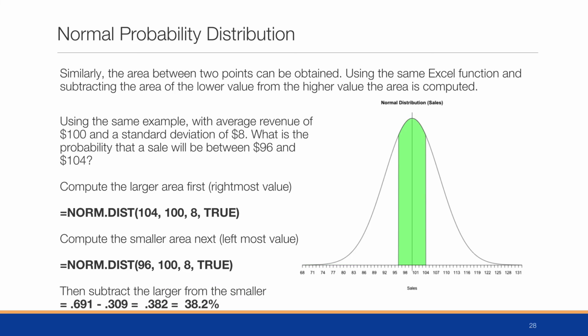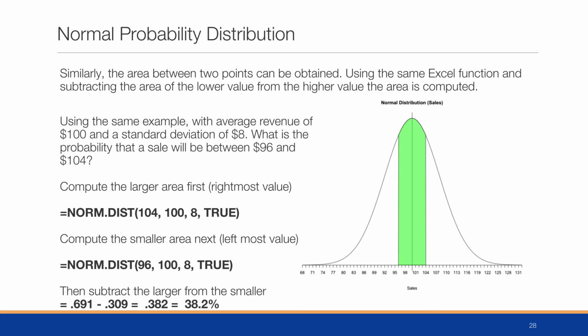Similarly, the area between 2 points can be obtained. Using the same Excel function and subtracting the area of the lower value from the higher value, we can figure out the probability between those 2 points. Let's say, for example, the average revenue again is 100, the standard deviation is 8, and we want the probability of a sale between 96 and 104.